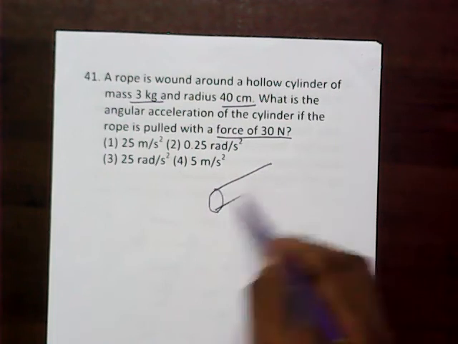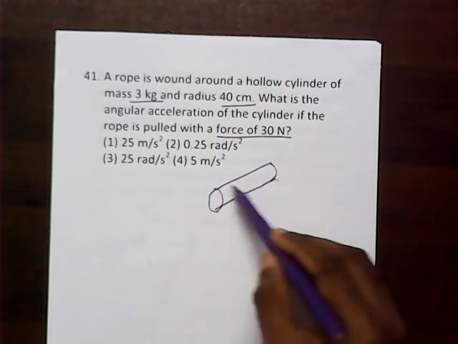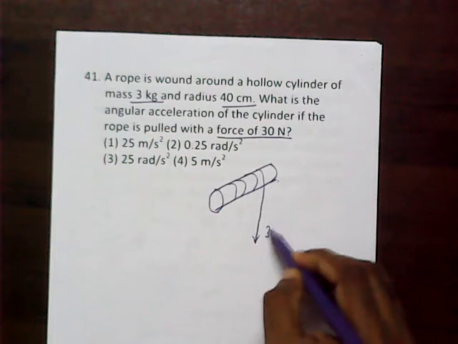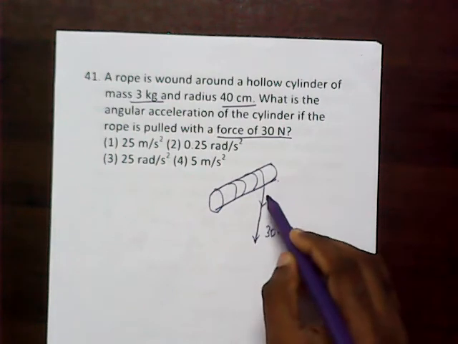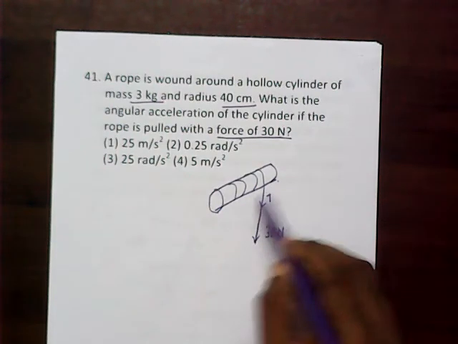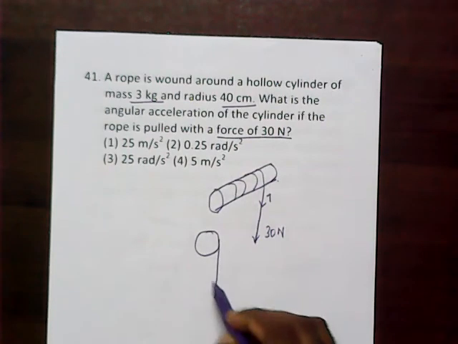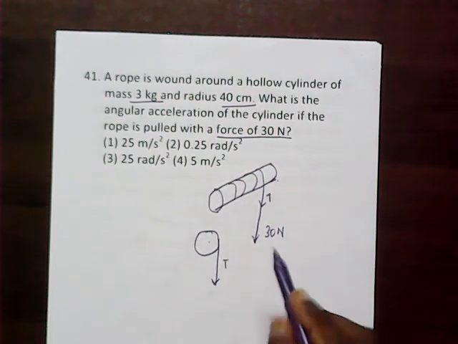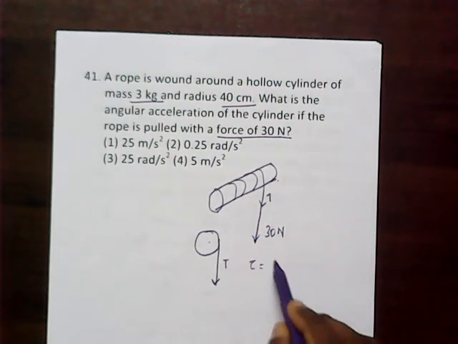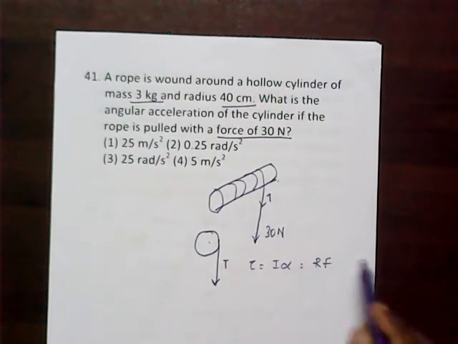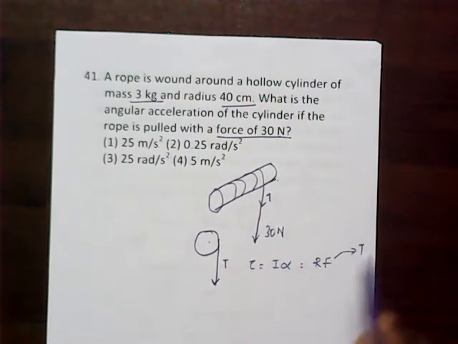So a hollow cylinder is pulled with a force of 30 Newton. It will give the tangential force, so we can draw like this. The torque acting on it is equal to I alpha or R cross F. Here theta is 90. Here F is the tension.